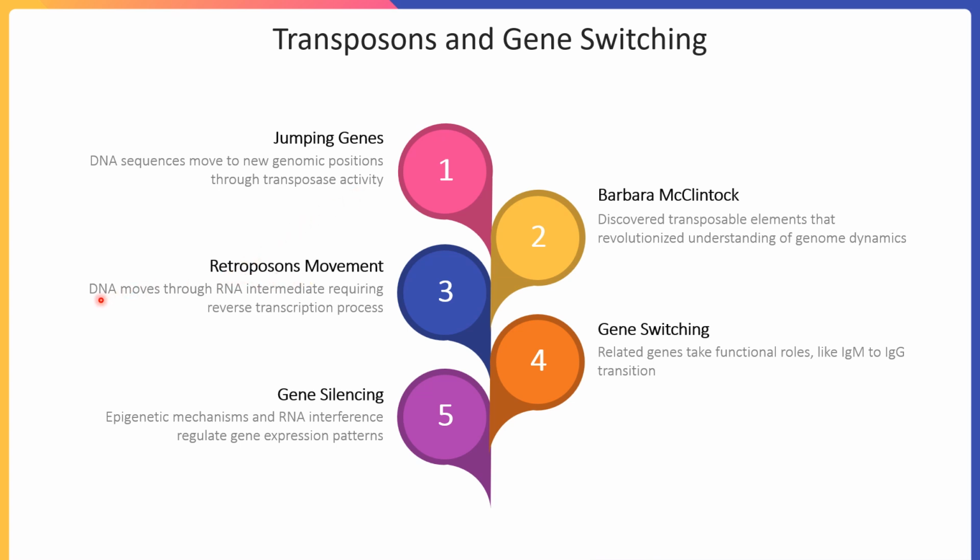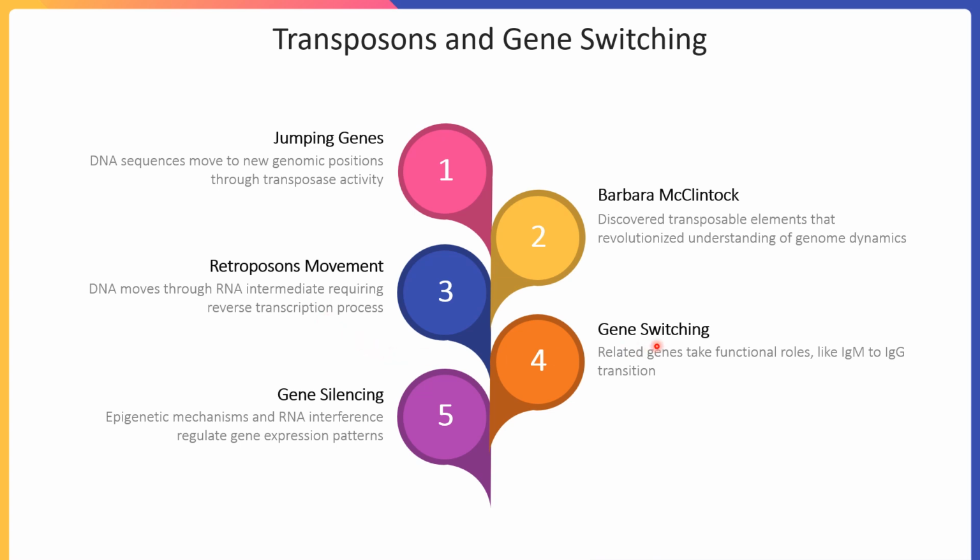Here the DNA jumps to another region, but with the help of RNA. It will be converted to RNA, and that will be changed back to DNA by the reverse transcription process. It is nothing but a jumping gene process, but here the DNA is first converted to RNA by transcription, and then by reverse transcription it is converted back to DNA at the other position where it is going to jump. So that is known as a retroposon.